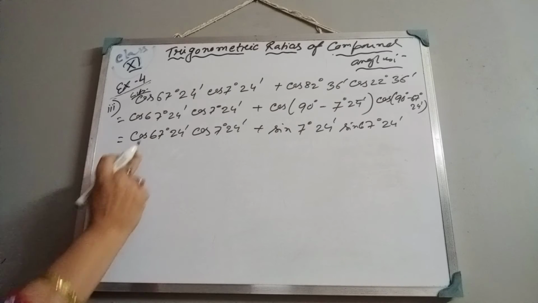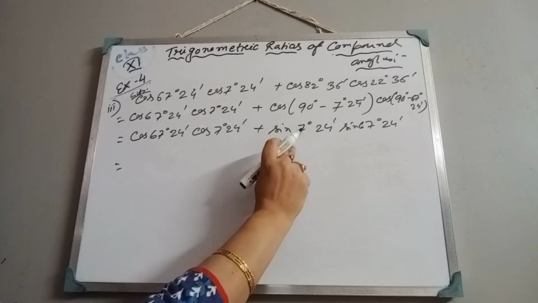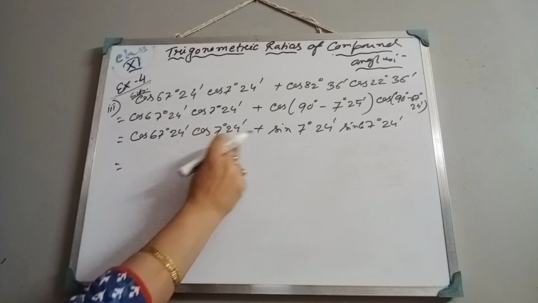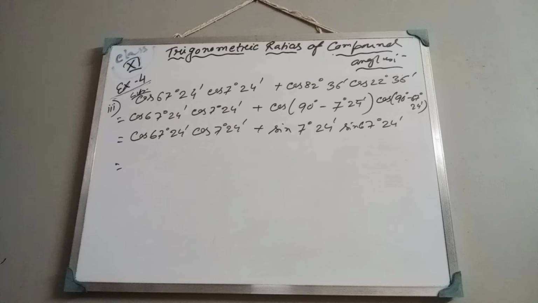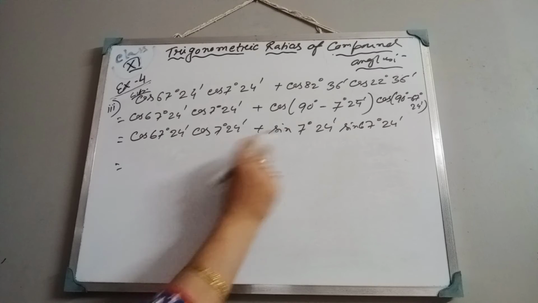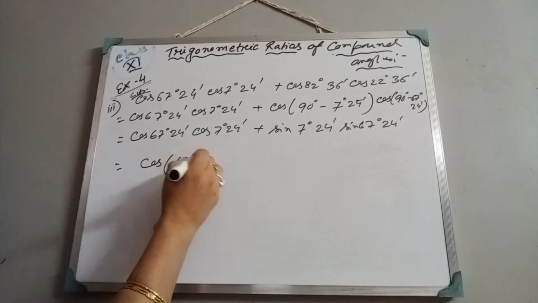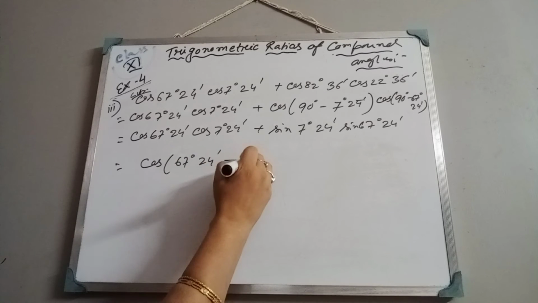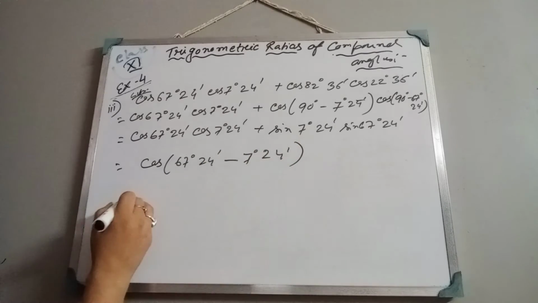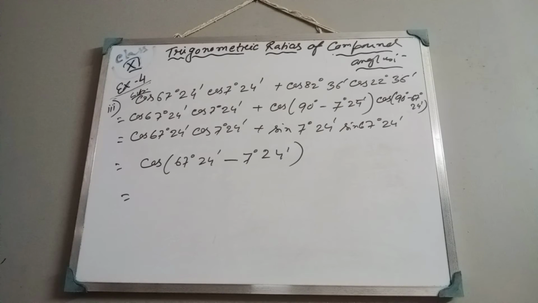Now cos A cos B plus sin A sin B. If you take these angles as A and B, cos A cos B plus sin A sin B means cos of A minus B. So it is coming 67 degree 24 minute minus 7 degree 24 minute. 24 minute will be cancelled, then 67 minus 7 is only 60 degree.